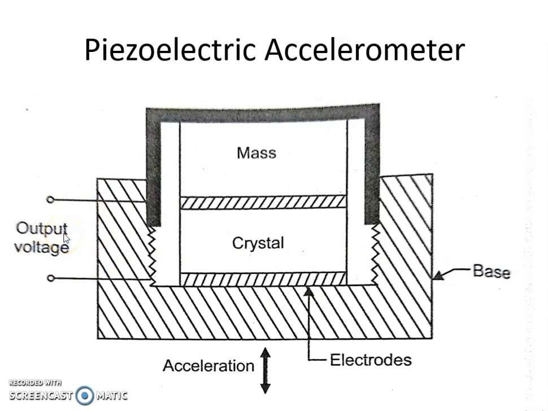Therefore the voltage developed across the piezoelectric crystal is directly proportional to the acceleration. So here the applied acceleration can be measured in terms of the output voltage developed across the piezoelectric crystal. In this way the piezoelectric accelerometer is used to measure the acceleration.